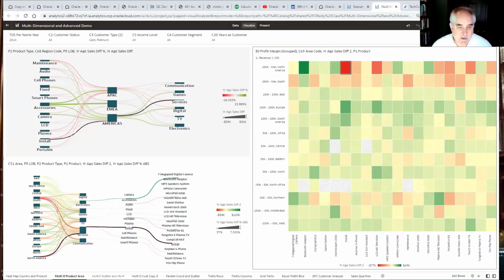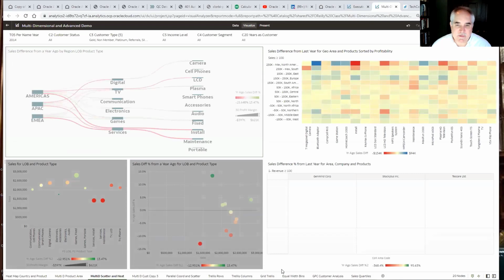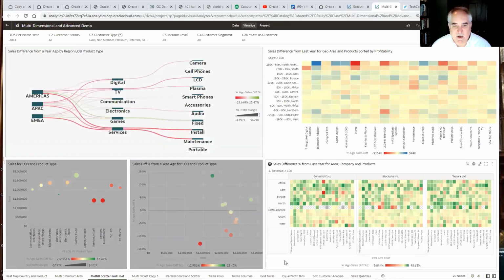Thanks, Dan. So we use these combinations a lot. There isn't just one layout. Sometimes we'll use a combination of scatter plots and a combination of pivot heat maps. And we'll use trellising so that we can get to the details on a single page and show a lot of depth with this kind of approach.